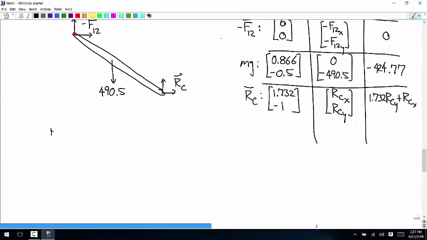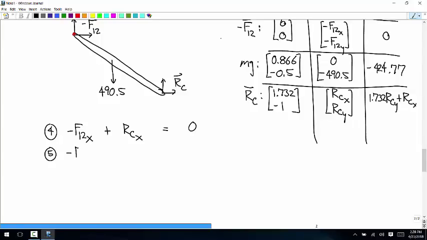So now our fourth equation in our system, add up all the x components of the forces and set them equal to 0. So you get negative F12x plus RCX is equal to 0. Add up all the y components of forces and set them equal to 0.